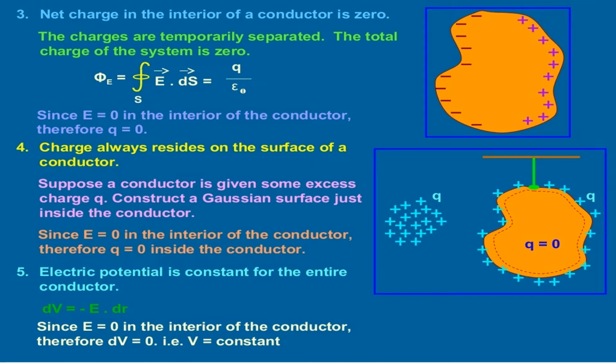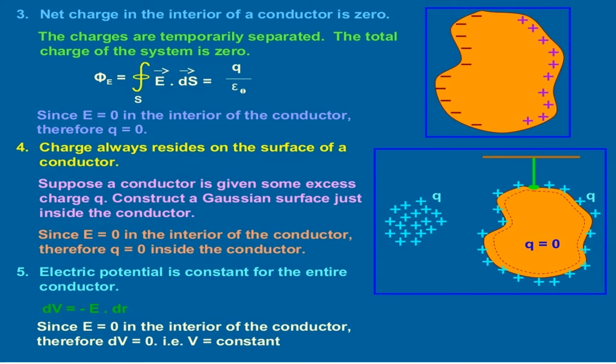Number 4. Charge always resides on the outer surface of the conductor. Suppose a conductor is given some excess charge Q. Construct a Gaussian surface just inside the conductor. Since E is equal to 0 in the interior of the conductor, Q is equal to 0 inside the conductor, and hence whenever charge is given to the conductor, it comes on its outer surface.